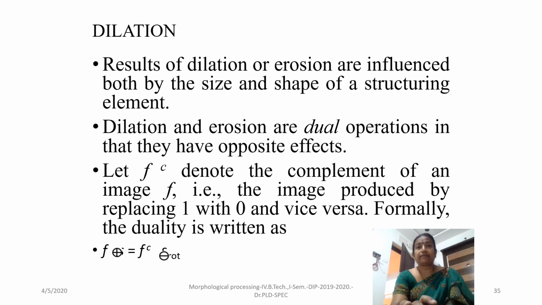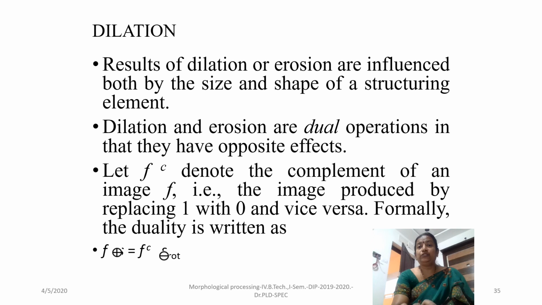Let us see another example. Results of dilation or erosion are influenced both by the size and shape of the structuring element. Dilation and erosion are dual operations in that they have opposite effects. Let us see here, F complement denotes the complement of an input image F, the image produced by replacing 1 with 0 and vice versa.